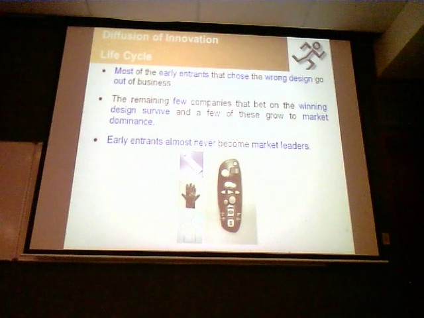They pick the winning design right at the start. But very few times does that occur. Most of them go broke. For every one that I give you as a case study, I can give you 1,000 case studies where they go broke. So it's very difficult to pick the right design. So early entrants almost never become the market leaders.